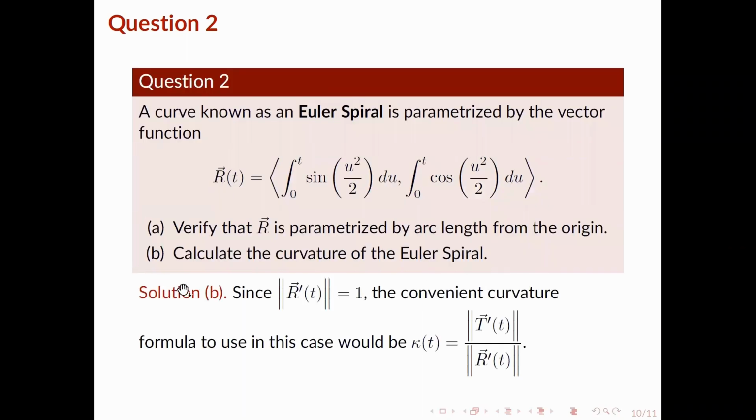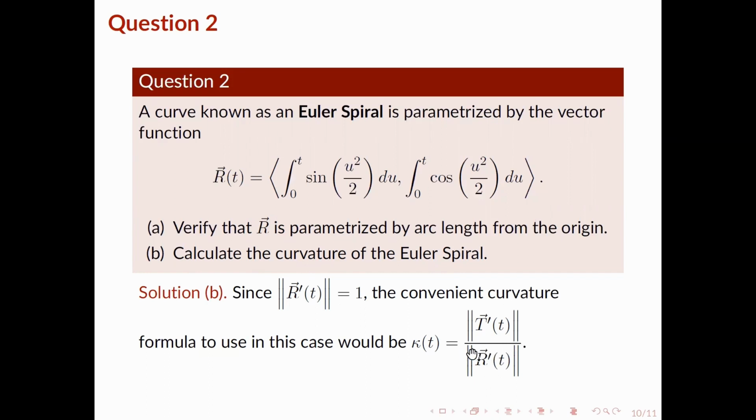Let's move on to the second sub-question, which is to calculate the curvature of the Euler spiral. Since the magnitude of r prime is equal to 1, as we calculated earlier, the convenient curvature formula to use in this case would be kappa of t equals this fraction.